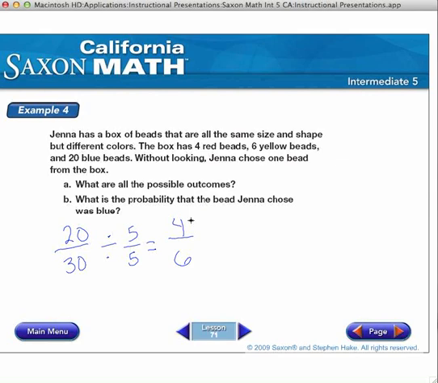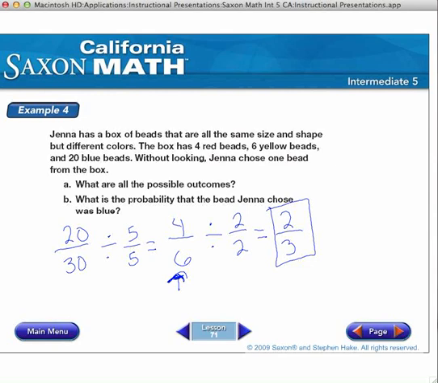I can reduce further because 4 and 6 are both even, so I can reduce again by 2 halves. 4 divided by 2 is 2, and 6 divided by 2 is 3. So I get the same answer. I just have to do 2 steps. So you need to make sure you keep going when you reduce until you have the simplest form, until you cannot reduce any further. Here with 4/6, I could keep reducing because 4 and 6 do have a common factor.